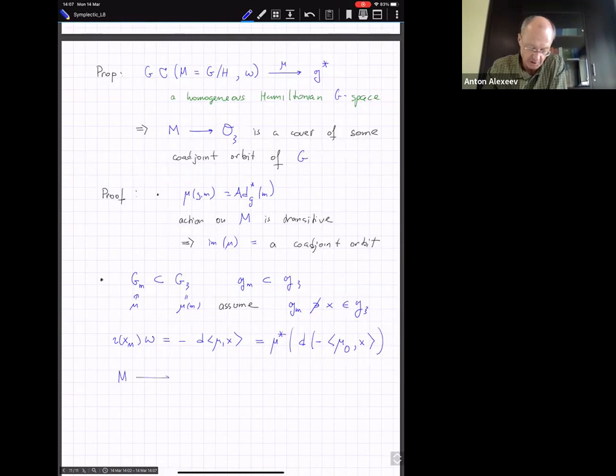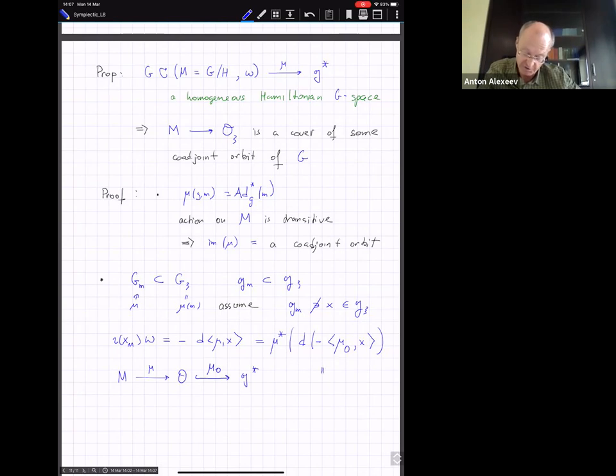I have M and I have mu, and I know that mu maps it to some coadjoint orbit, and then I embed this coadjoint orbit into g star. Of course, I call it mu_O. I have a right to do it. This mu_O is basically the identity, the embedding of the orbit into g star.